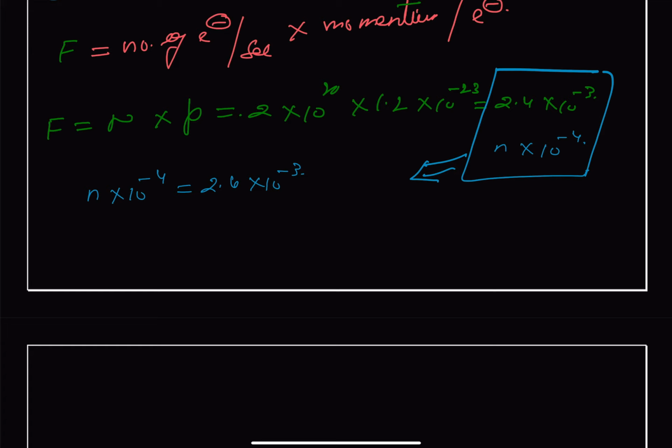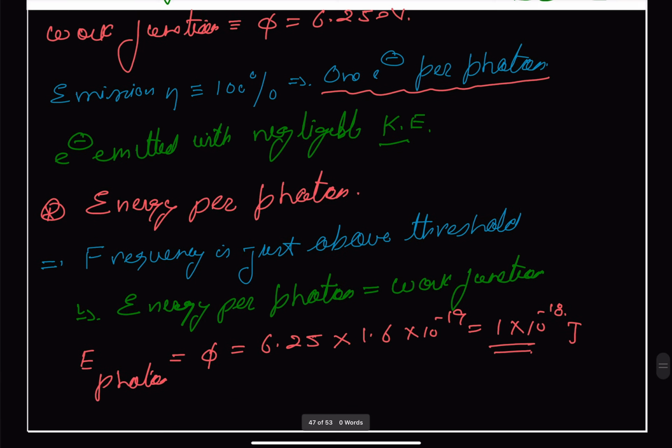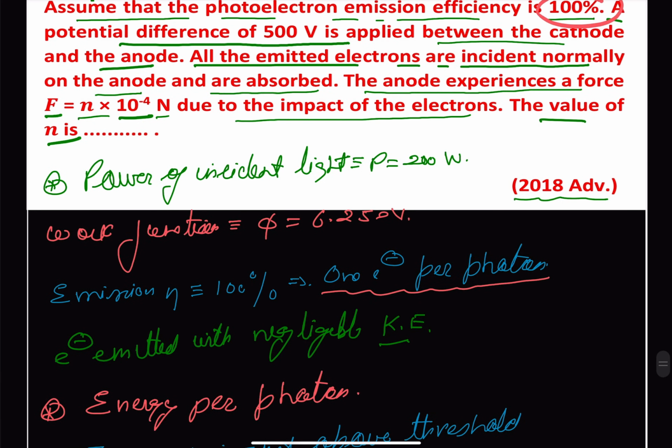And the value of n is equal to 2.4 into 10 to the power minus 3 divided by 10 to the power minus 4. This gives us that the value of n is equal to 24.